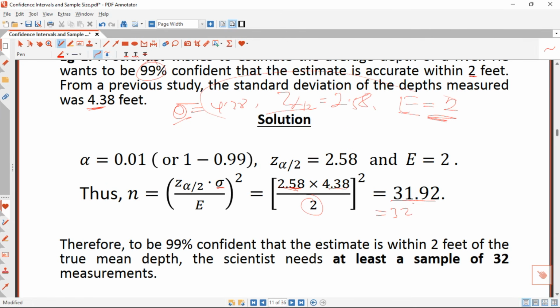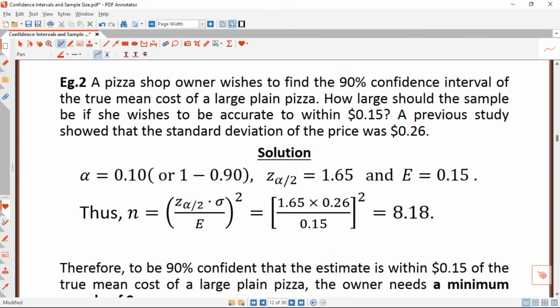Our next question says that a pizza shop owner wishes to find the 90% confidence interval of the true mean cost of a large plain pizza. How large should the sample be if he wishes to be accurate within 0.15?